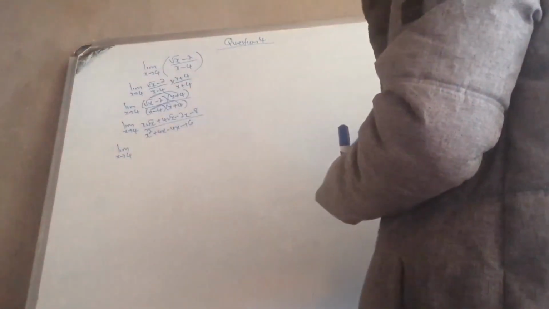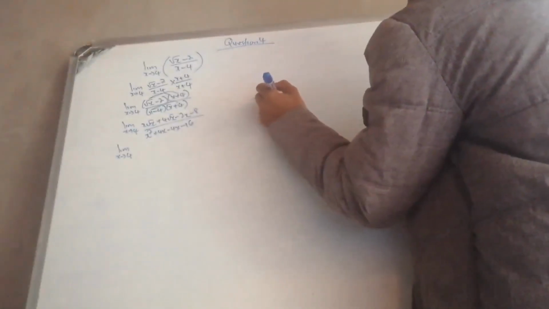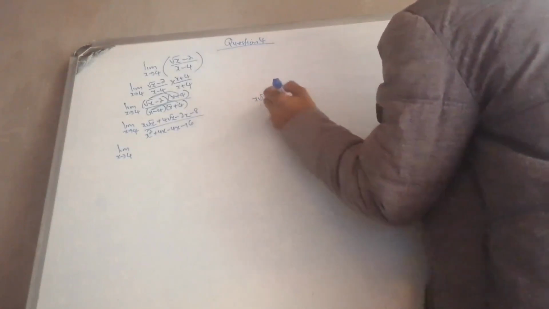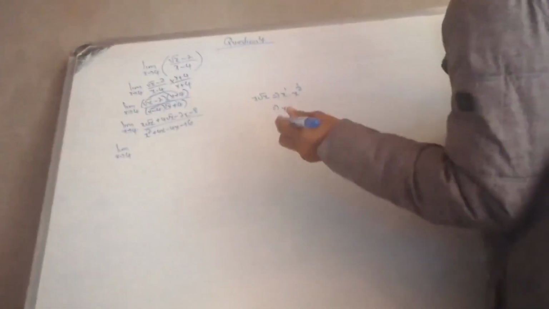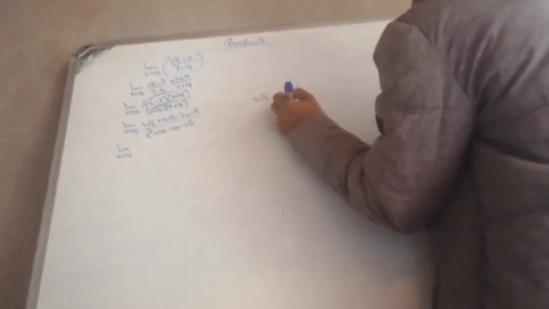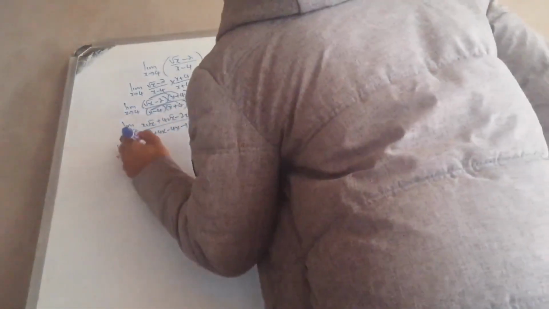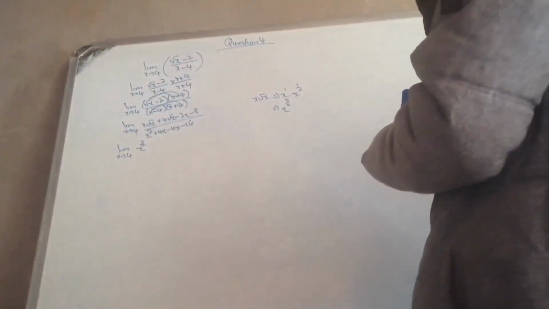So what is going on here? We have x root x, and I know that this is x times x to the 1/2, and when I multiply numbers of the same base, I add the exponents. 1 plus 1/2 is 3/2, so I can have my x to the 3/2. I have 4 root x minus 2x minus 8.